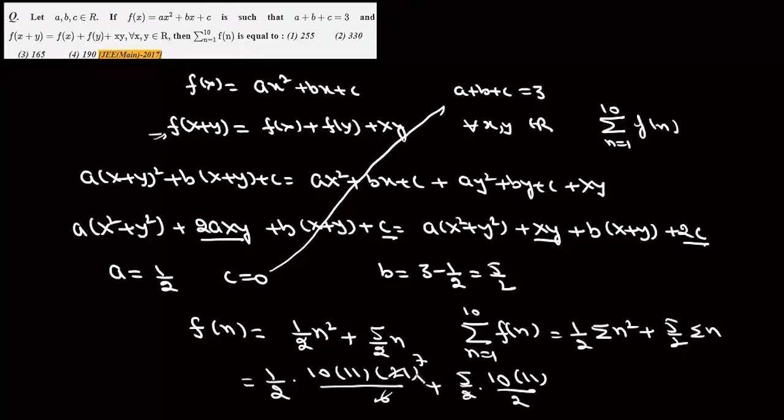Now this is 7 and this is 4, 770, and this is 550. So we have 770 and 550. So this is 1320 by 4, and will be 330, and that's your option 2.